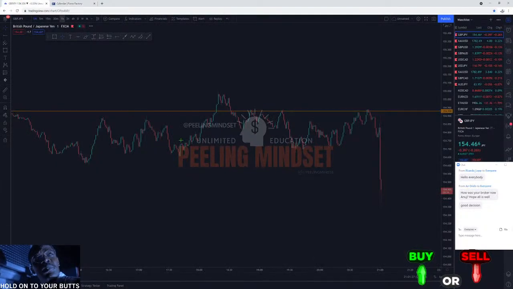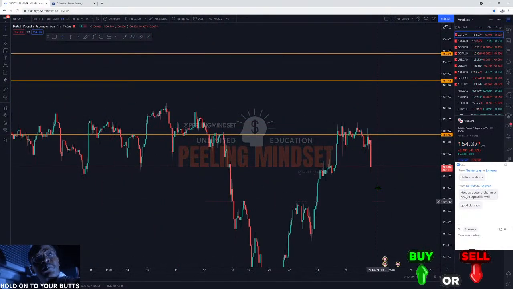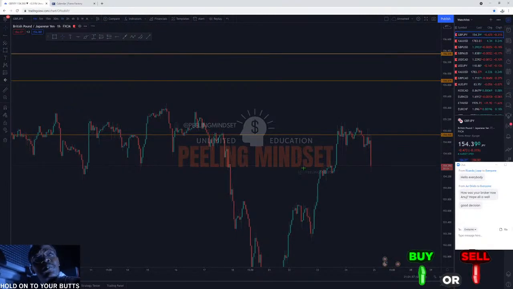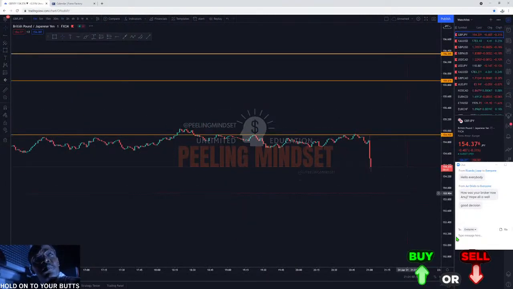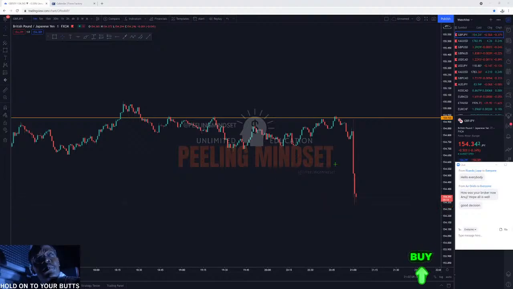Let's see. Are they talking about bad stuff? Is pound yen dropping today? Oh, wow. Look at the way it's moving. We are about 1 minute into this volatile atmosphere at this point in time. The candles are pushing down pretty hard, trying to see if candles make some sort of resistance before heading down.